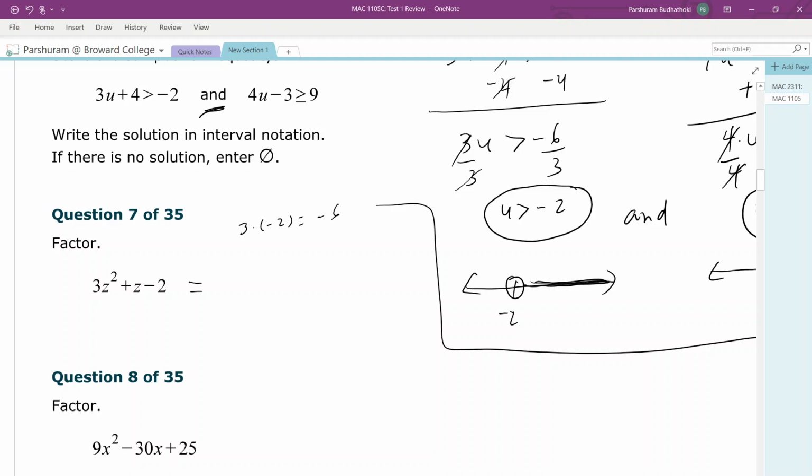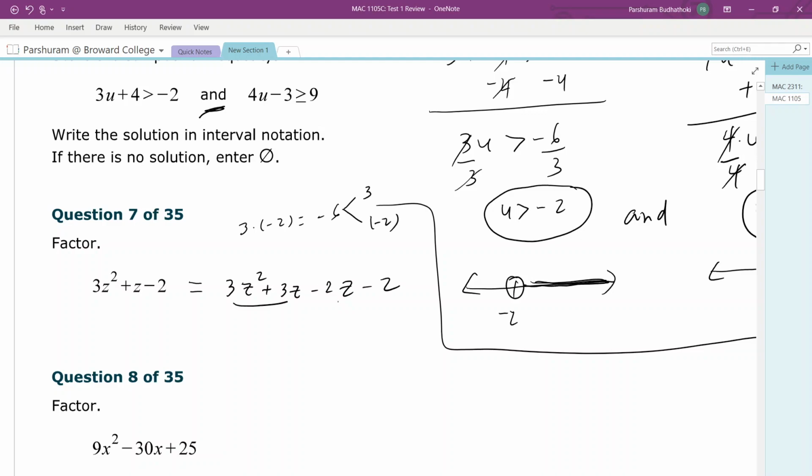So we have to find the factors of negative 6 such that the sum of those factors is the middle coefficient, which is 1. So let's take 3 and negative 2. 3 minus 2 is 1. So we can split this as 3z squared plus 3z minus 2z minus 2.